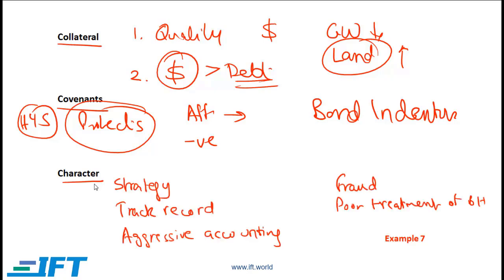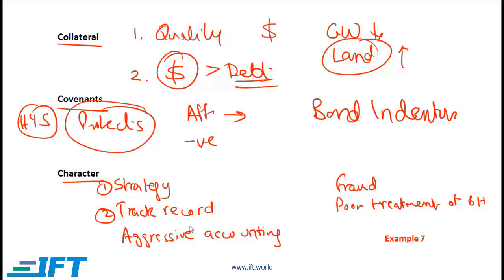Character refers to the quality and character of the management team, and while this is difficult to assess, there are a few areas that we can look at. Number one, we can look at how reasonable is the current strategy of the management team, and what is the track record of the management team in implementing their stated strategy in the past.